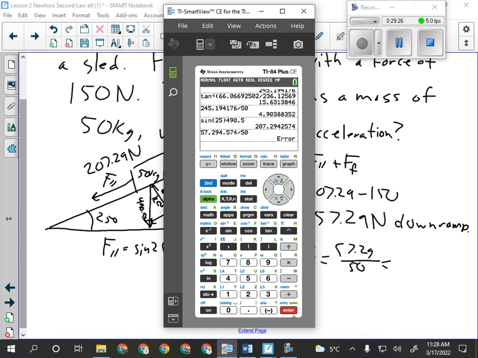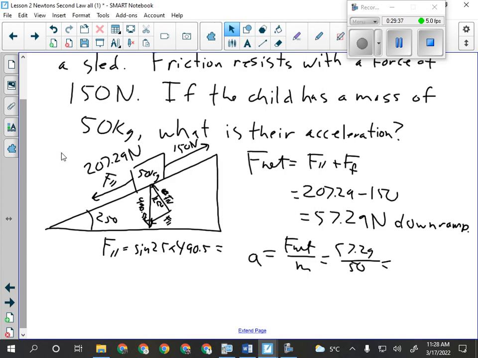Oh, I got two decimals in there. All right, 1.1, yeah, 1.1, we only have two significant digits there, so 1.1 meters per second squared down the ramp. What if you wrote down?